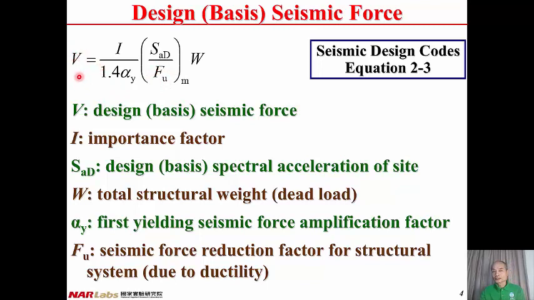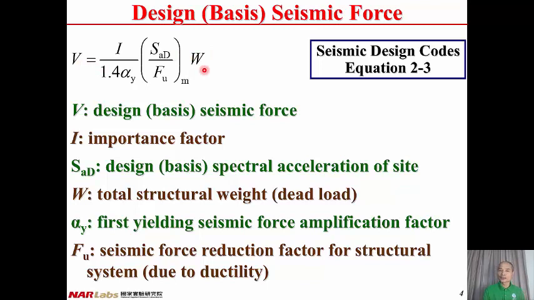Therefore, the design basis seismic force is proportional to the importance factor. The higher the importance factor, the larger the design basis seismic force. It is also proportional to the spectral acceleration. The higher the spectral acceleration, the larger the design basis seismic force. It is also proportional to W, the total weight of the structure.